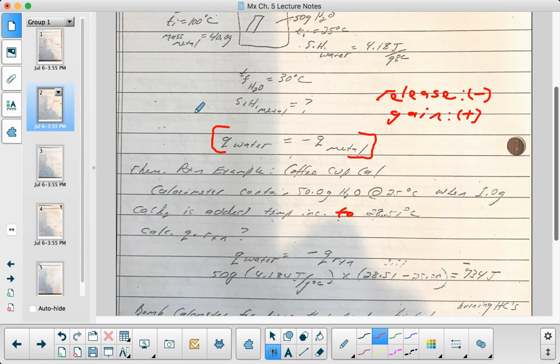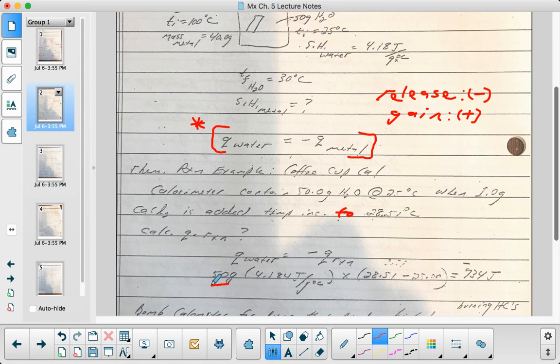Just like we had with the simple calorimetry of the metal in the water, what happens to one, the opposite happens to the other. The same thing is true for the dissolving of calcium chloride. We'll say the Q of the water is what happens to the water, and just the opposite is what the reaction is. So the only thing that we can measure is what happens to the water.